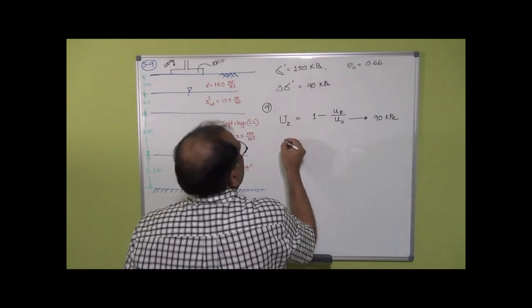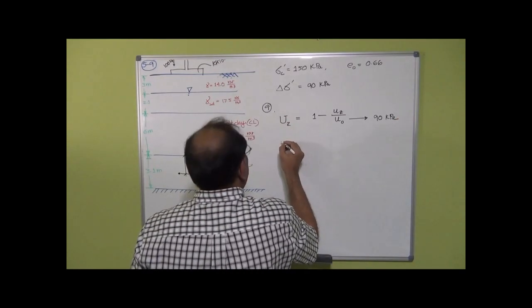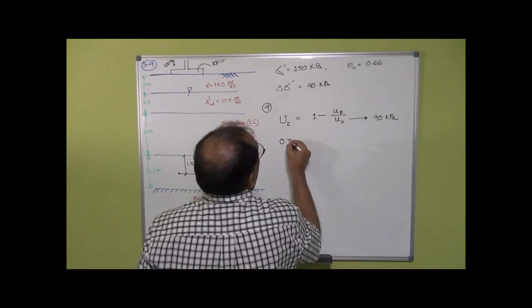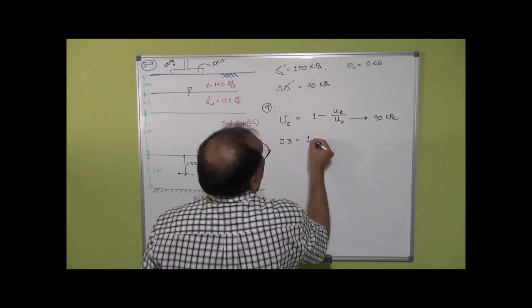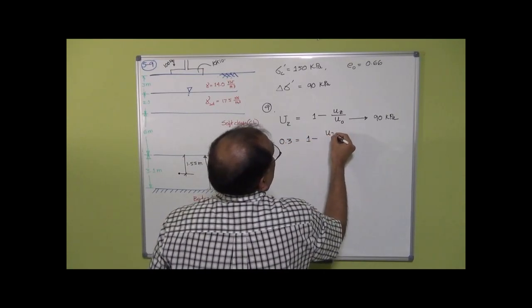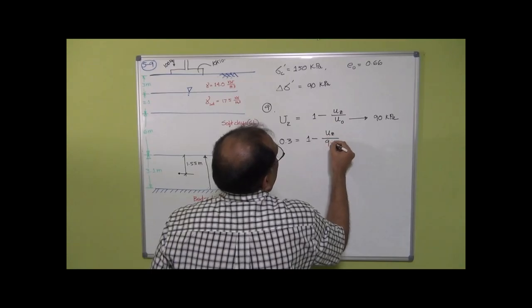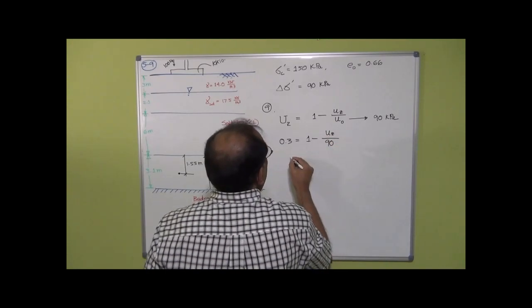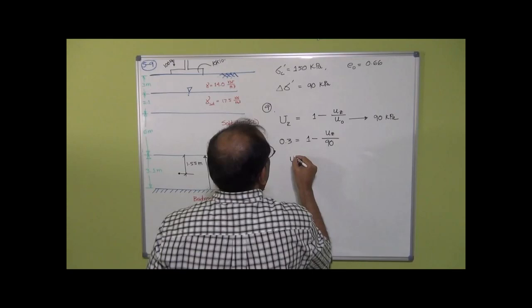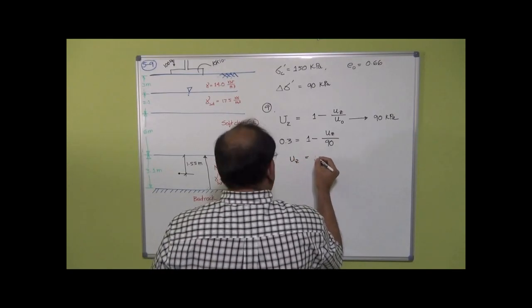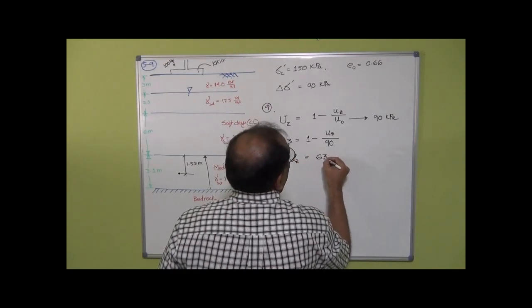So you said this is like 30%, so 0.3 is equal to 1 minus Uz divided by 90. So you can see your Uz would be 63 kPa.